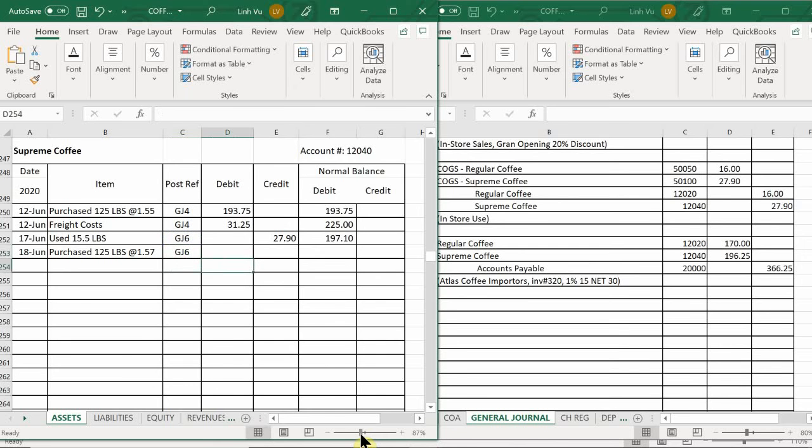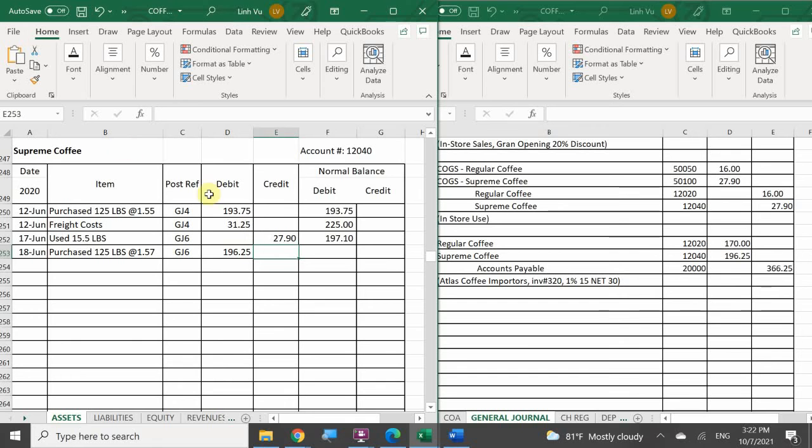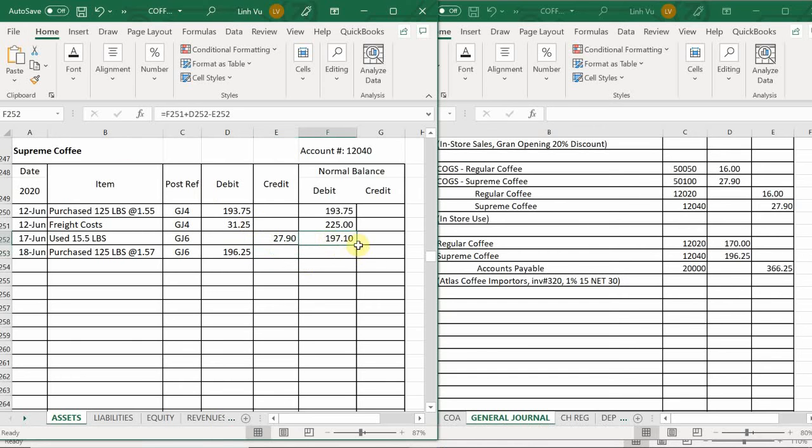Page number 6, and we have 196.25 with a total of 393.35.